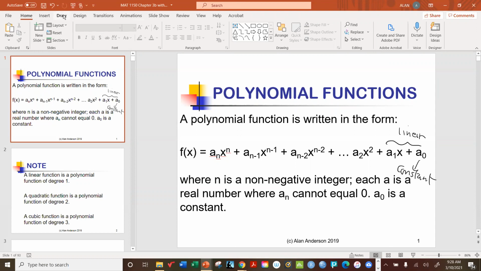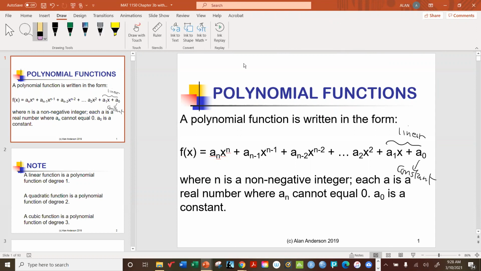If you add to it this second term, it becomes a quadratic function. And then if you keep going to the left further, you can include, for example, cubic functions. So as you keep going to the left and adding more terms, you're moving up into the higher order terms. And again, there it is, many numbers.